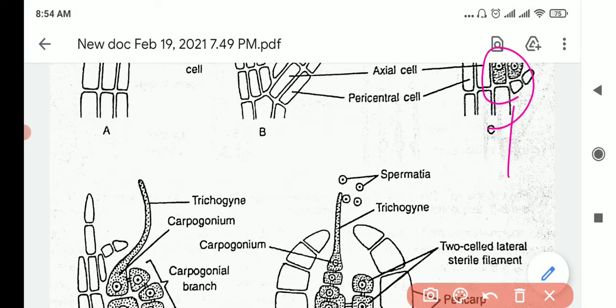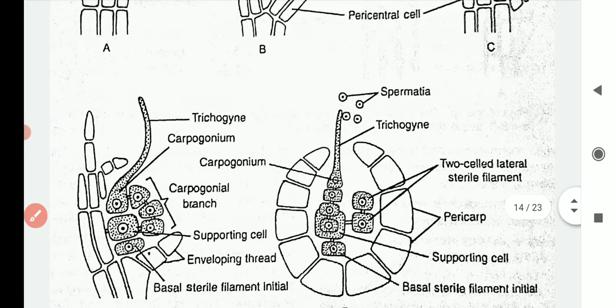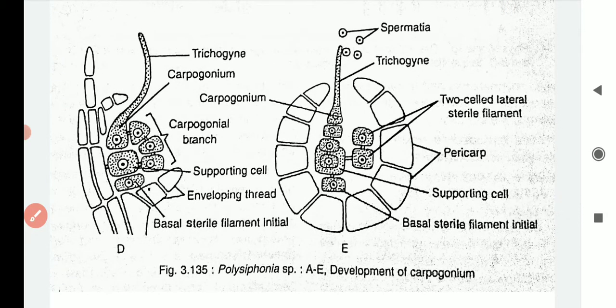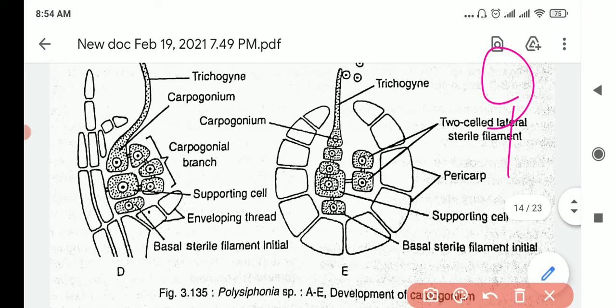Here it's very clear. From this supporting cell, you will get one at the base, which is the basal sterile filament initial, and one at the side. You see there, not one, there are two there.